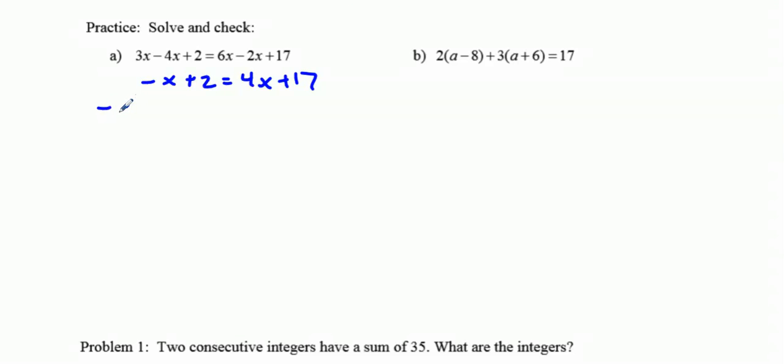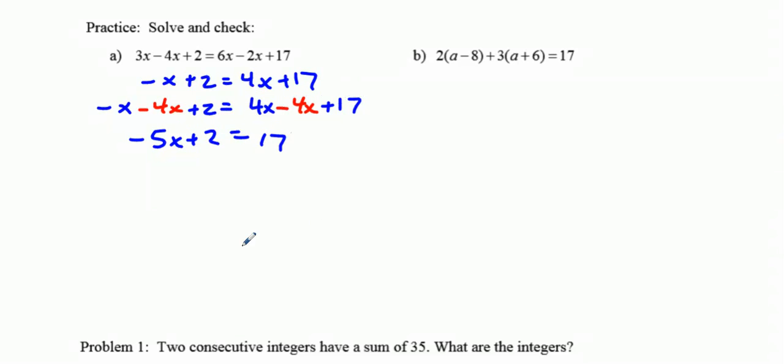So minus x, and then I'm subtracting 4x. And I've got my 4x here, and I'm subtracting 4x. Okay, so I subtracted 4x from both sides. This then becomes minus 5x plus 2. This disappears, and I get 17.